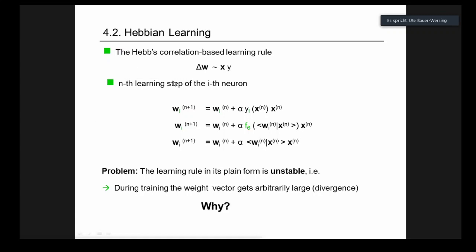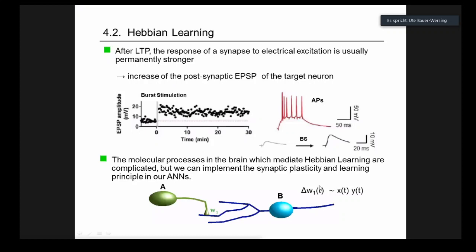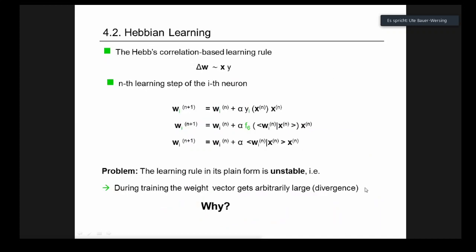In mathematical terms, you've seen here that we have time in here. When we discussed how we model the biological neuron, we said we don't care about time in our artificial neural networks. The time aspect is probably pretty important, because this correlation is only implemented in strengthening of the synapse when it's close in time. Biologically that matters, but since we do not consider time in our neuron model, we skip the time aspect.